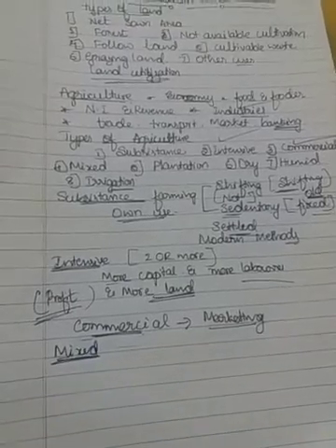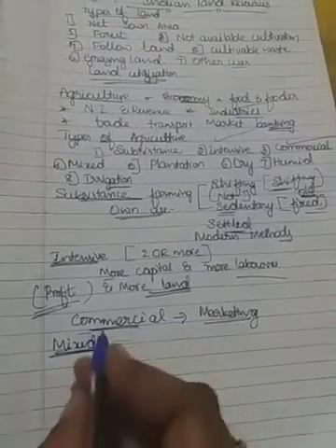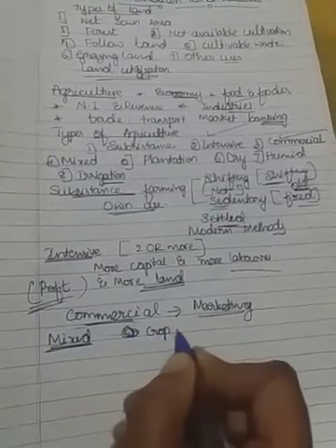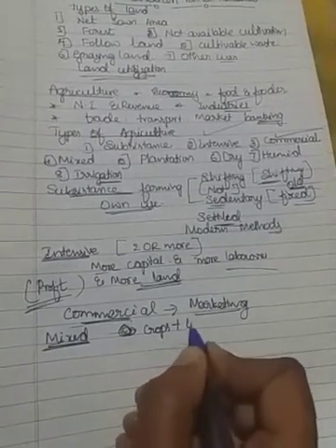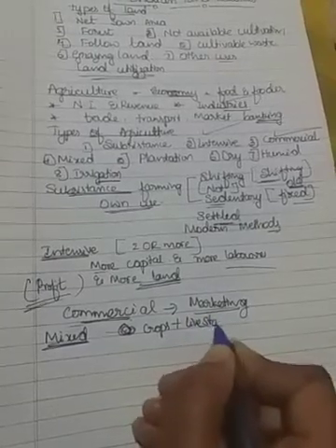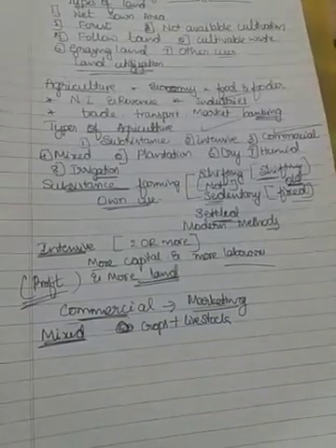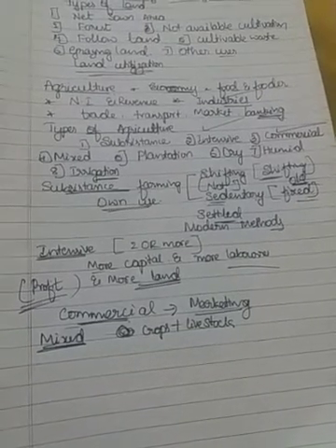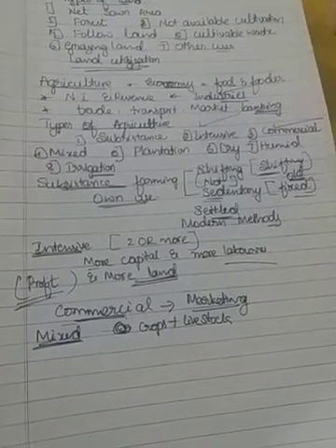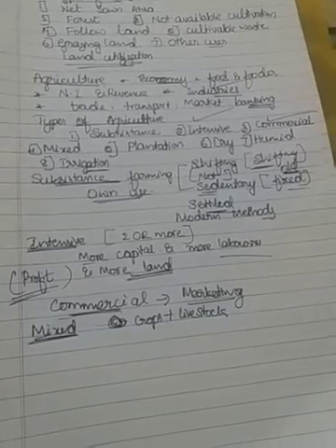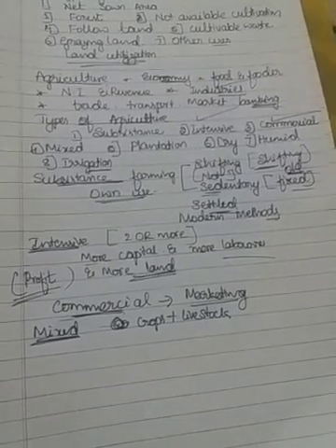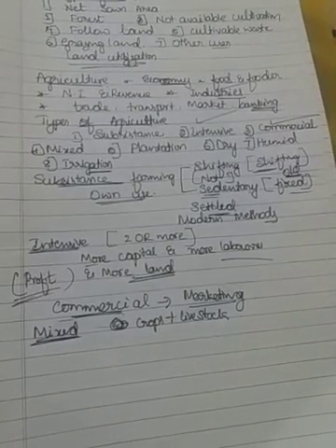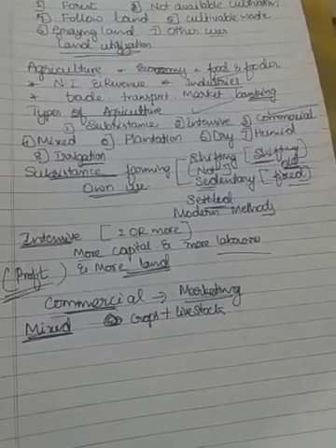Next we have to know about the fourth one, that is mixed farming. So what is meant by mixed farming here? Cultivation of crops along with livestock, in the sense rearing of honeybees, sheep, goats, dairy farming, fisheries, that is fish rearing, or poultry and sheep rearing, or honeybee rearing, or rearing cows.